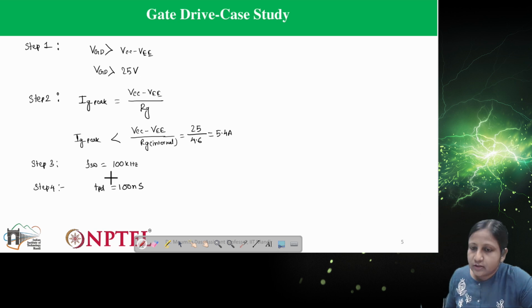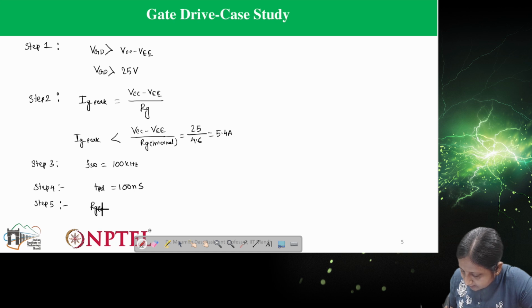Now along with all this we have this step 4. Now we have to select a suitable pull up or pull down resistance for the gate drive. So for that, this resistance value should be selected such that RG gate drive, so basically the resistance of the gate drive, should be less than RG internal.